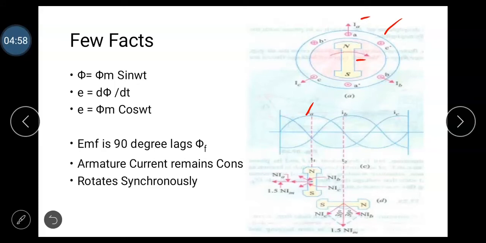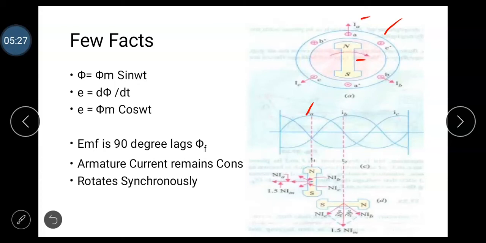And at the bottom, C, A dash and B will carry outgoing currents. The current flowing inside we mark as a cross, and the current flowing outside as a dot. The cross will produce a north pole and dots will produce a south pole. So this is the condition, and the resultant flux will be 1.5 times the maximum flux of a phase.